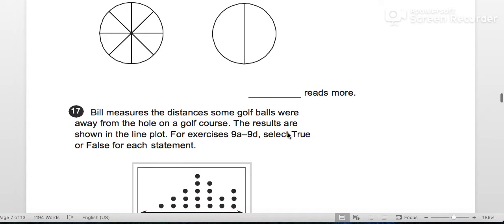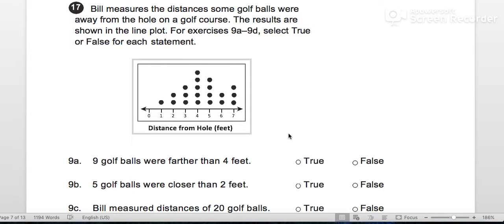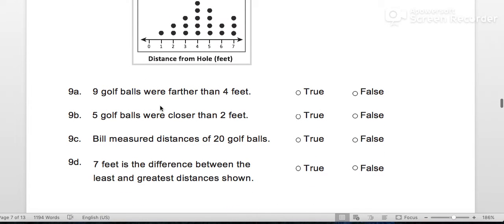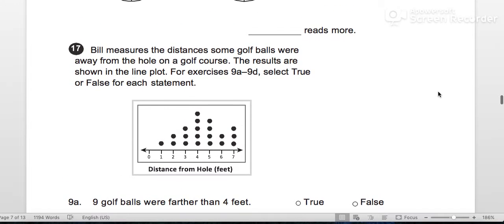Number 17. Bill measures the distances some golf balls were away from the hole on a golf course. The results are shown in the line plot. For exercises 9A through 9D, so these 4 questions, select true or false for each statement. So either it's true, it's correct, or false, it's not correct.